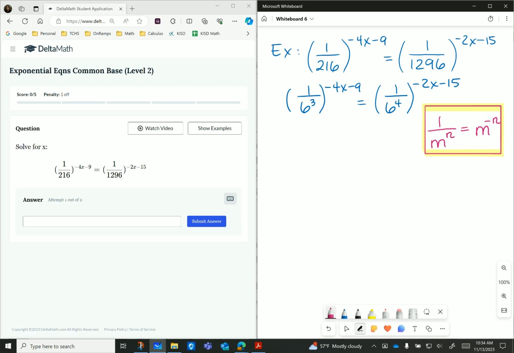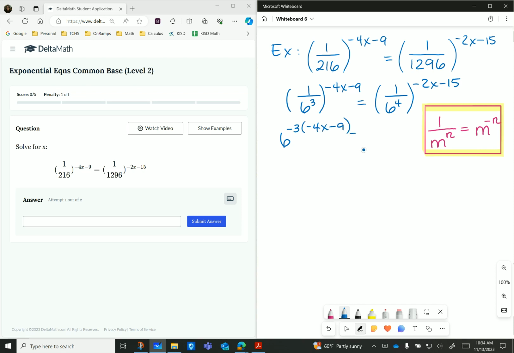So using that property, let's rewrite 1 over 6 to the 3rd power as 6 to the negative 3 power. And then in parentheses, I need to put negative 4x minus 9.